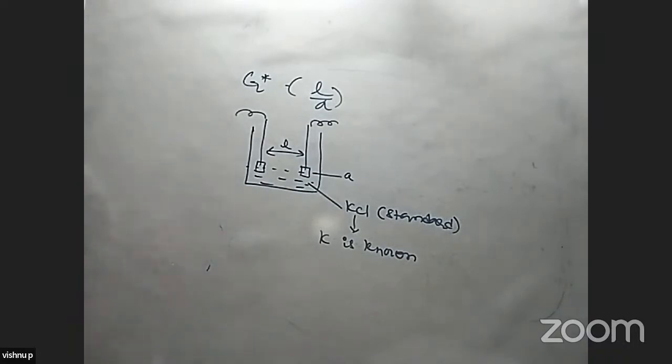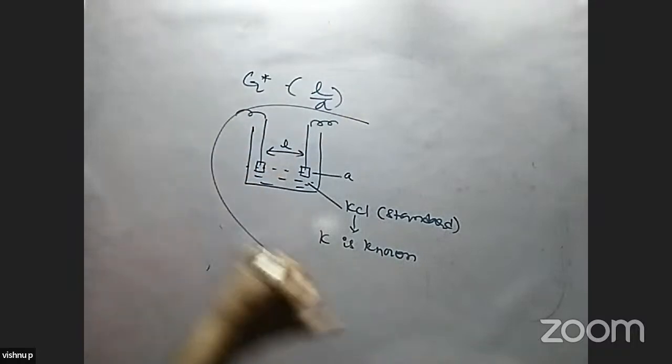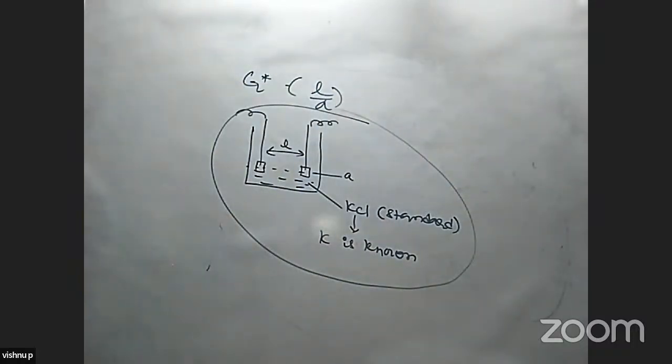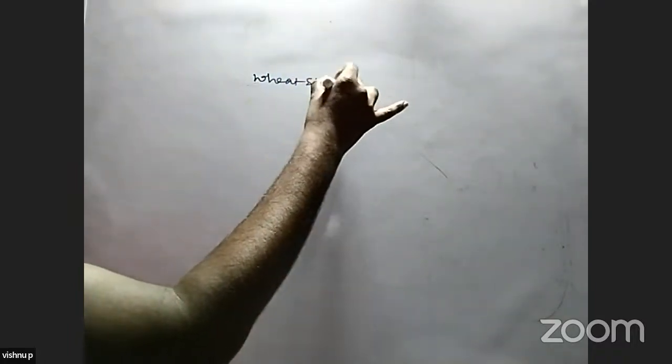With the help of this, we can find the cell constant, and it is connected to a Wheatstone bridge. This standard KCl solution contains platinum electrodes. We don't know L and A, but we know the kappa value, the specific conductance. So how do we find the cell constant with the help of this? For this, we use a Wheatstone bridge.